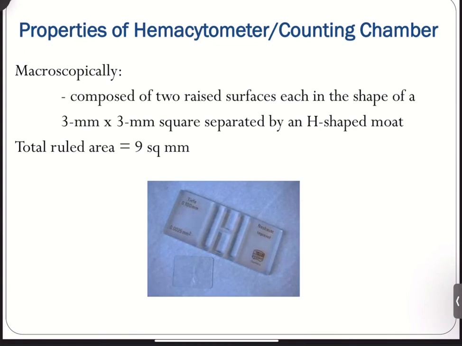This is the two raised surfaces, and then a shape of H, which has a 3 by 3 millimeter square separated by the H shape. The total area is 9 square millimeters. Each of the squares here is 9 square millimeters.